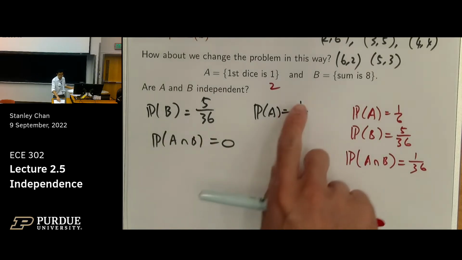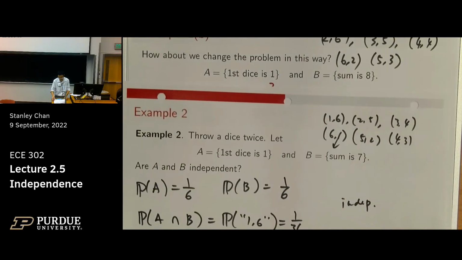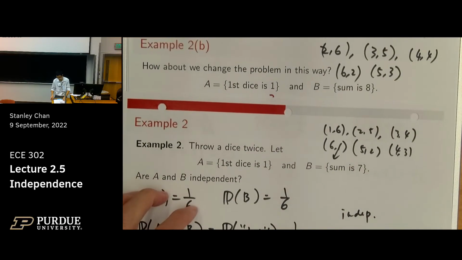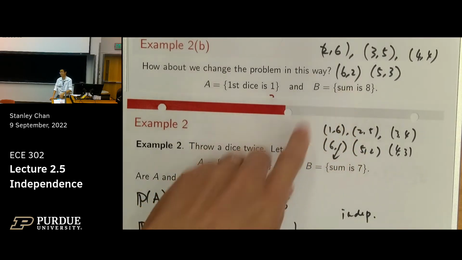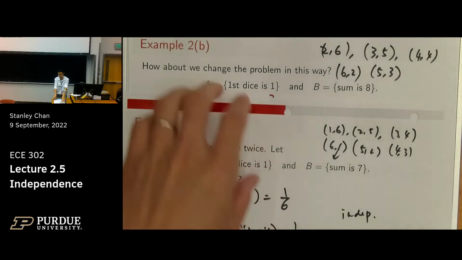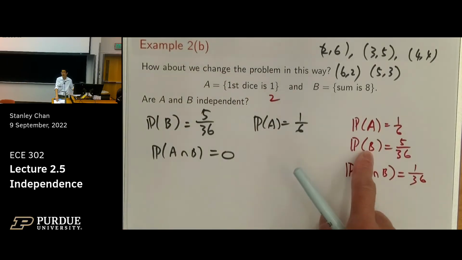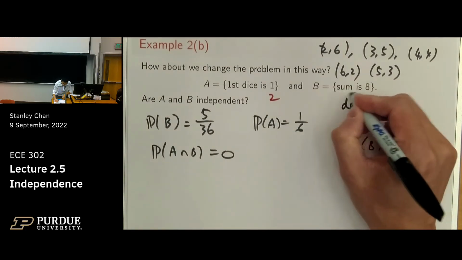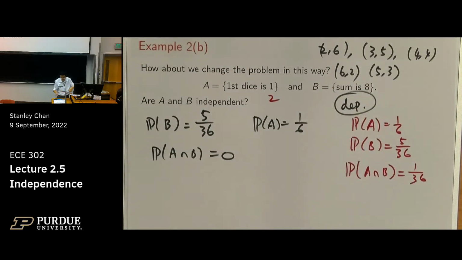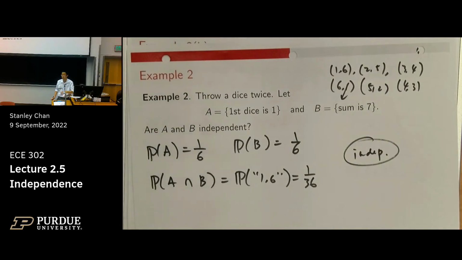Okay, so now let's go back to here. In the previous slide, we have sum equals to 7. Now I change the sum equals to 8. This one is dependent, okay? So this is dependent. And this one is independent, according to the mathematical definition, right?